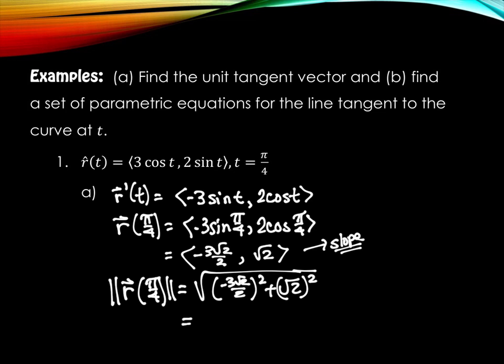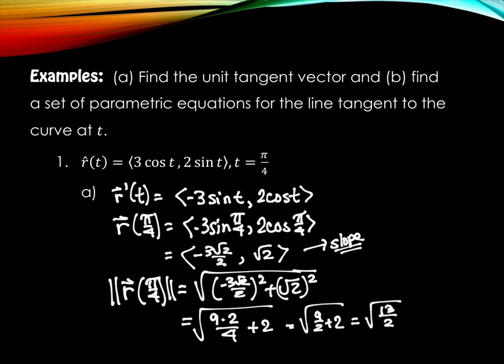All right, so I'm going to have 9 times 2 over 4 and 2. Does that look okay? 9 times 2 over 4 would just be 9 over 2. And plus 2 would give me what? 13. So it's 13 over 2, right?